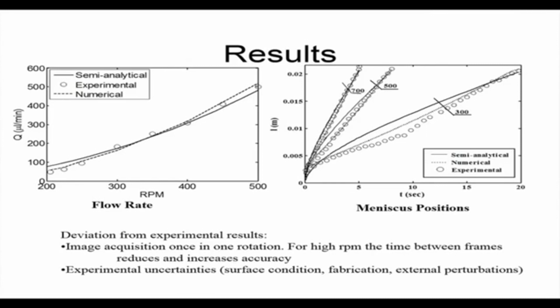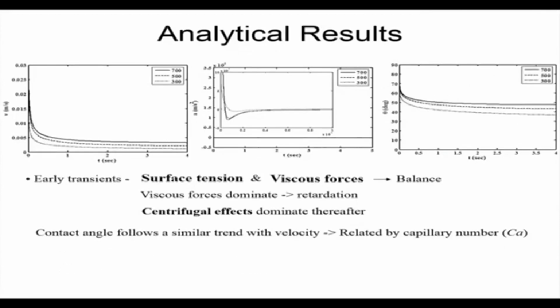If the disc is rotating at a high speed, then this time lag is short, and that gives you more consistent experimental data. That is one thing, but there are other experimental uncertainties like surface condition, fabrication, external perturbations, vibration, so many other things. That means that even at high rotation speeds an exact match is not possible.